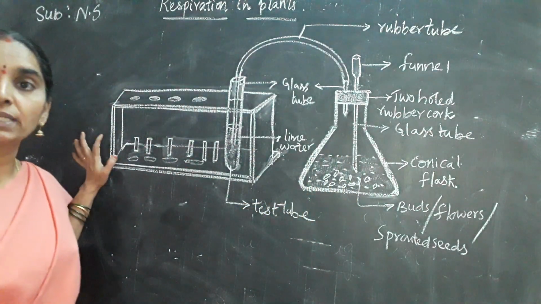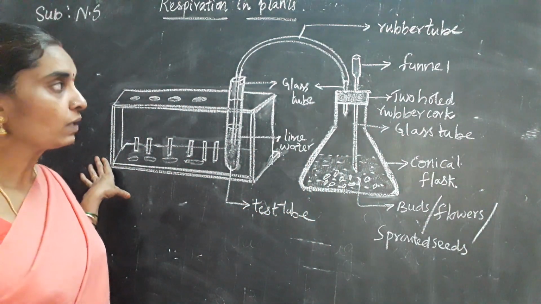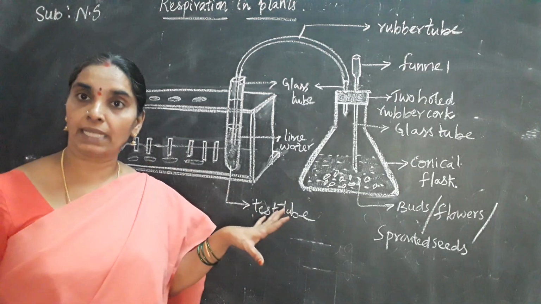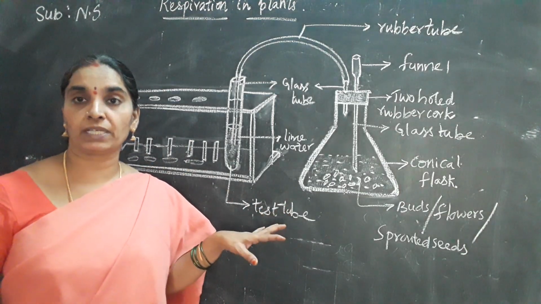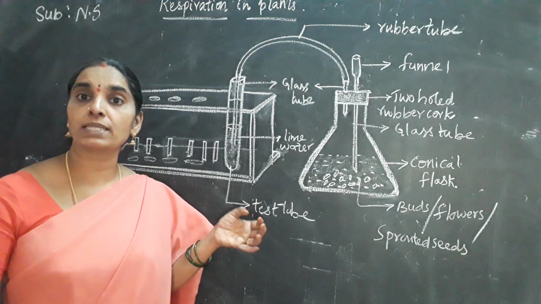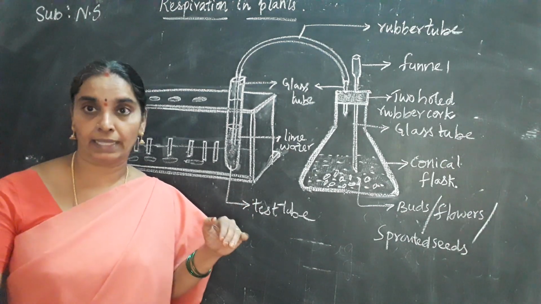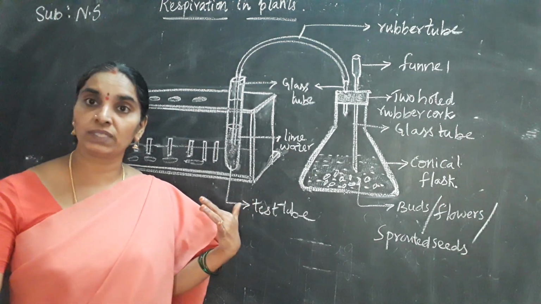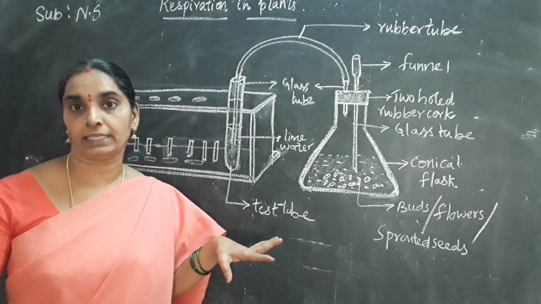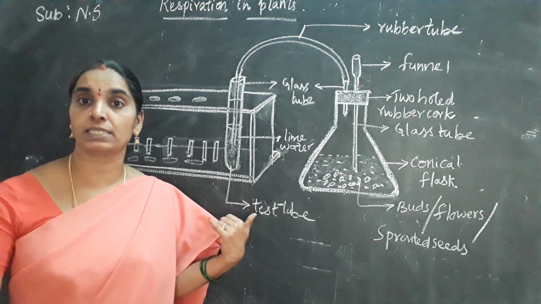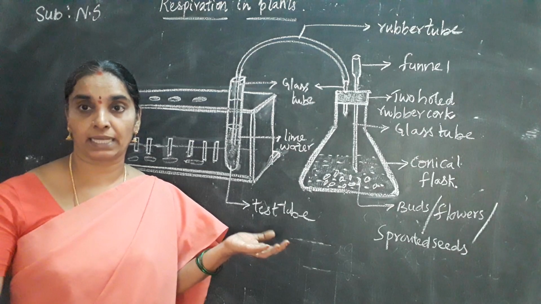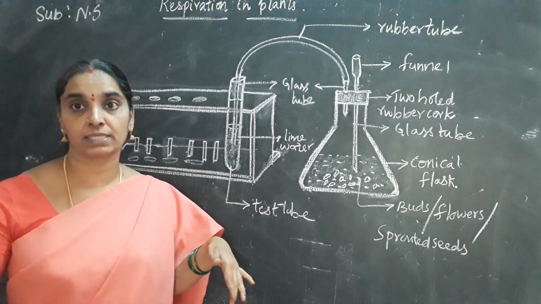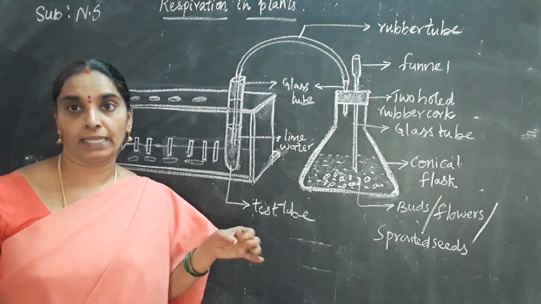To find out the respiration in plants, we do this experiment at night time to get perfection, because photosynthesis does not take place at night. We can do this experiment only at night time to prove that plants also use up oxygen and give out carbon dioxide.